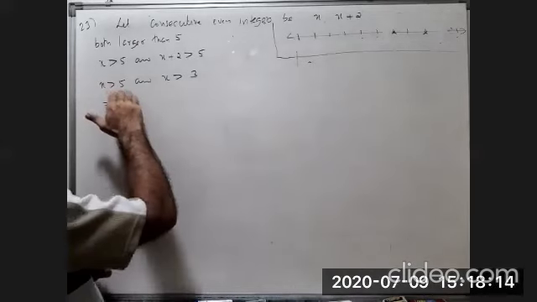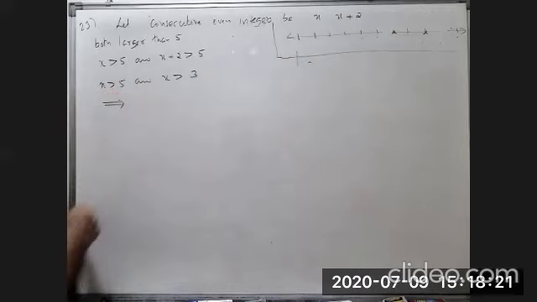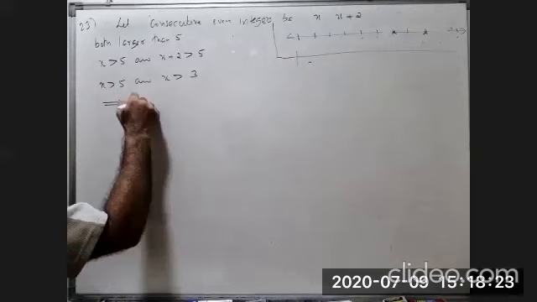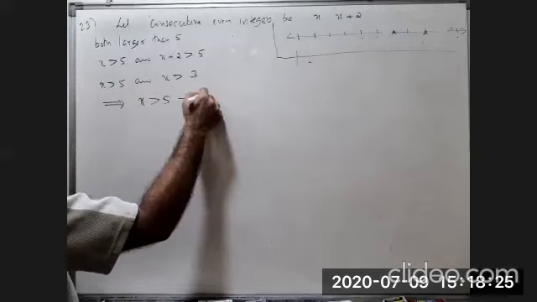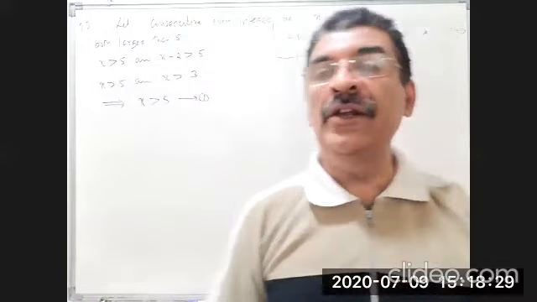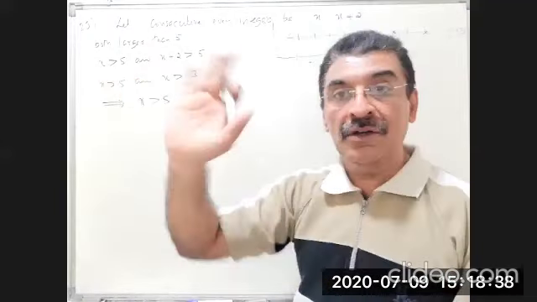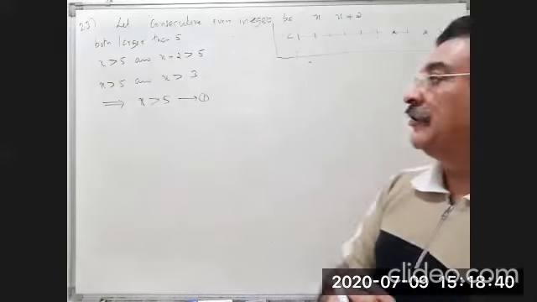Then if it is more than 50 kg, I don't have to say it should be more than 30 kg. More than 5 means all the numbers more than 5, and all those numbers more than 5 are more than 3. Whereas all the numbers more than 3, Shashank, you got correct, that's the correct answer, are not more than 5. Not all numbers. So x is more than 5.